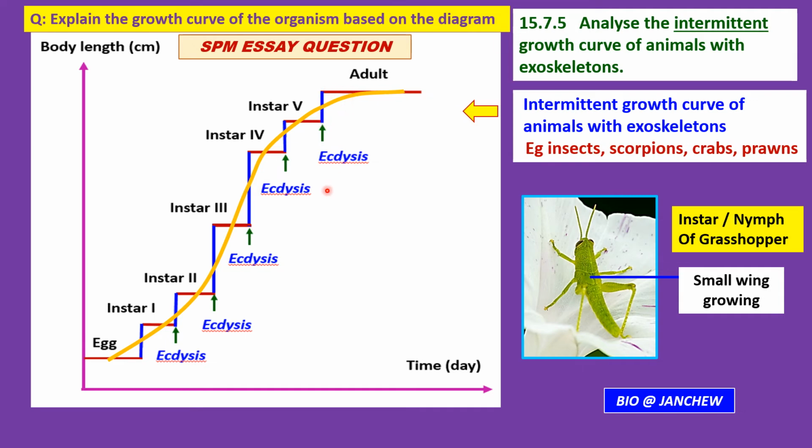Okay. Now in contrast, if dry mass or mass of the body is plotted against time, the growth curve will be a sigmoid curve like this.